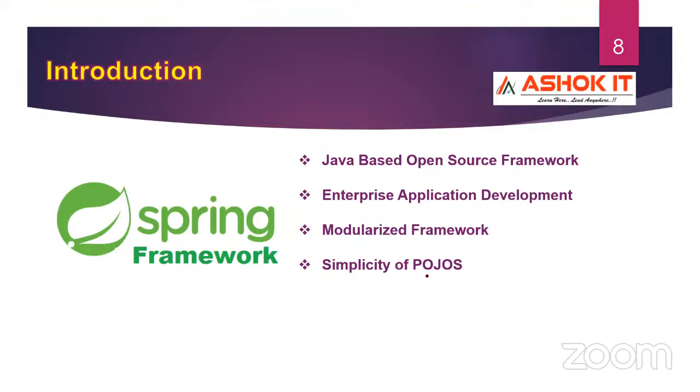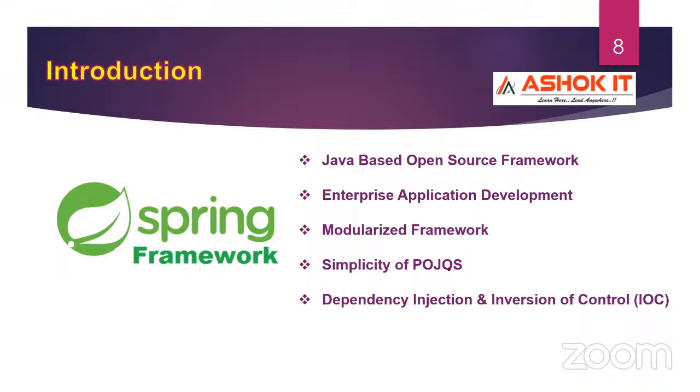No need of extending any predefined class from the Spring library, and no need of implementing a predefined interface in our Java class. So that's why the Spring framework always has the simplicity of POJOs. Understood?